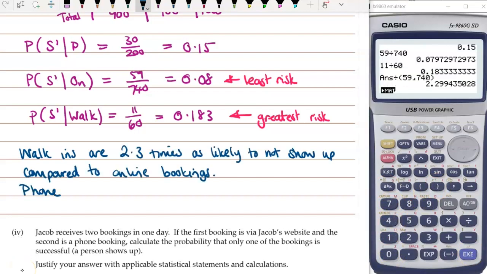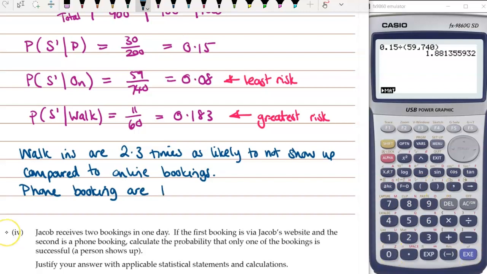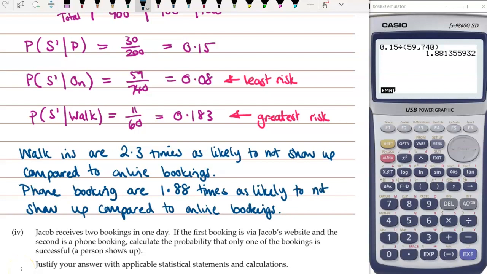We'll do the same with the phone bookings. So 0.15 divided by the online risk makes them 1.88 times as likely compared to the online bookings.